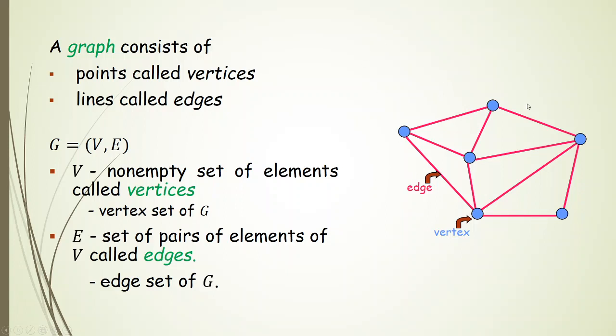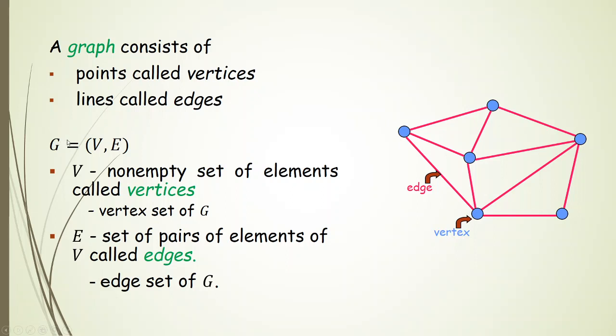So again, these points here are your vertices, and the lines connecting two vertices are what we call edges. So this line which connects these two vertices is called an edge.